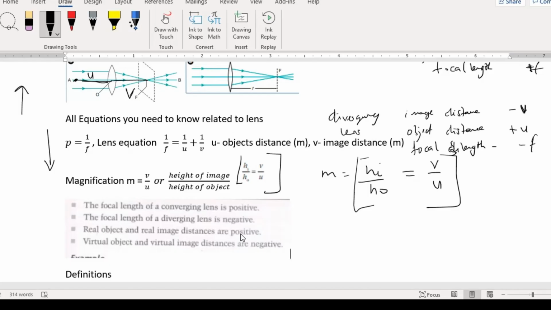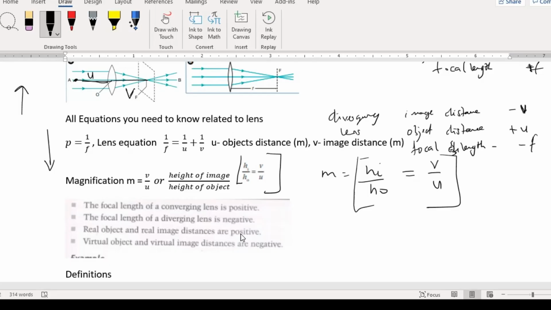This part is quite important when it comes to the virtual image, because as you know, depending on the position of the object, you will get a virtual image sometimes. So that virtual image distance, the image distance, would be negative, right? If we were looking at a virtual image.